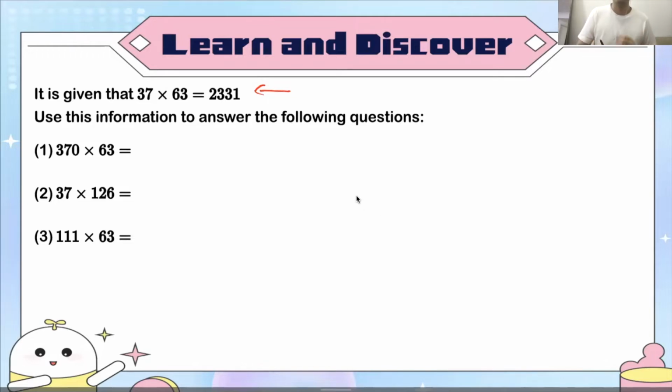We only use this equation to help us quickly find the answer. The first one: 37 times 63 is 2,331. If I change one multiplier to 370, we just times 10, right?